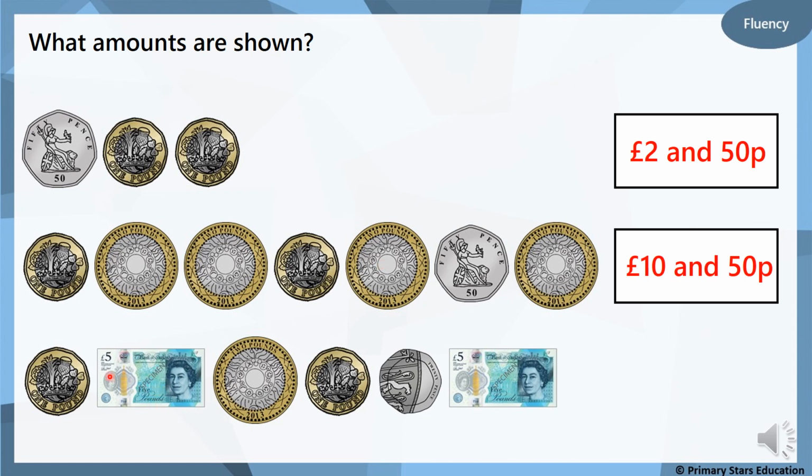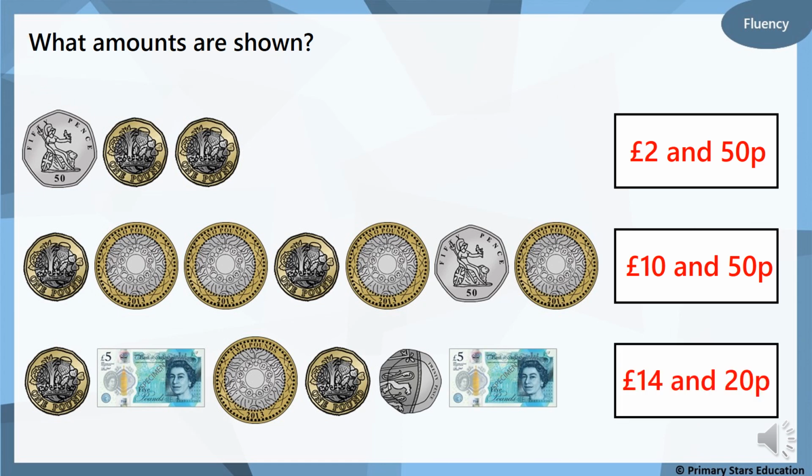And if we look at the bottom, we've got £1, add £5, which is 6. Add 2, 8. Add 1 is 9. We've got 20p, so we've got £9 and 20p plus 5, £14 and 20 pence.